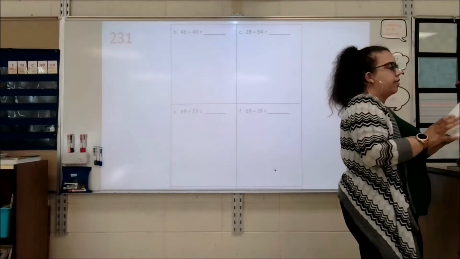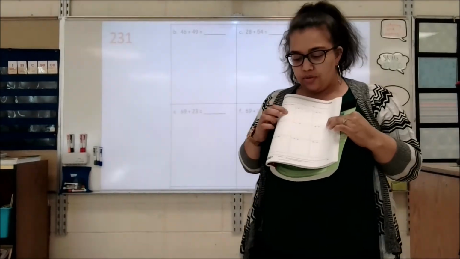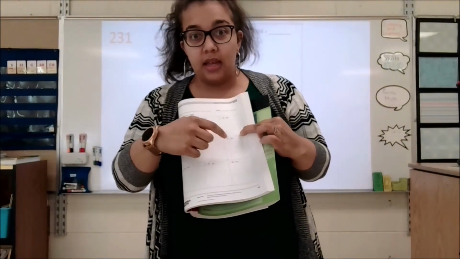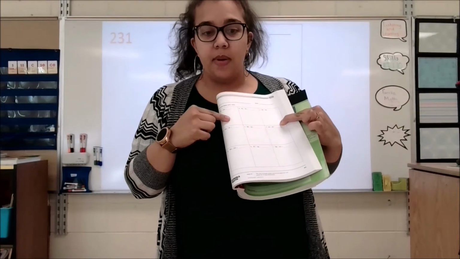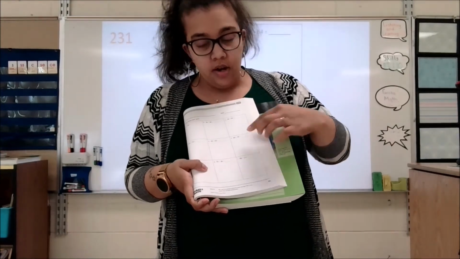We're doing B, C, E, F. You can use this space to draw a picture for B, and this space to draw a picture for E. If you need to use space here, that's fine.